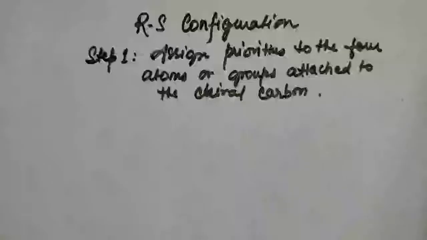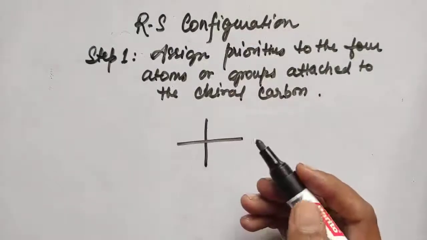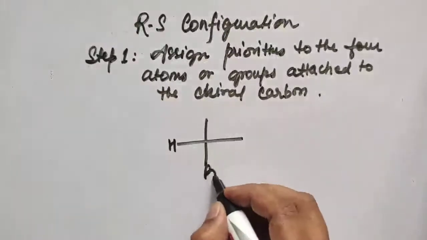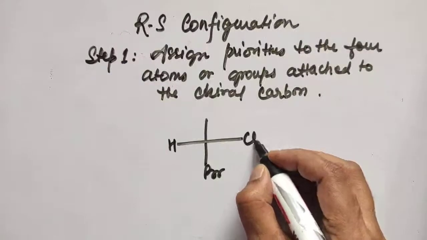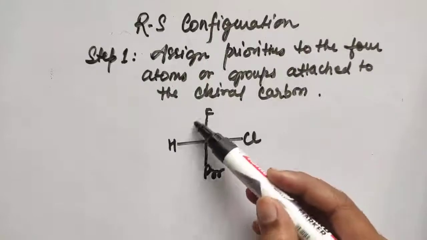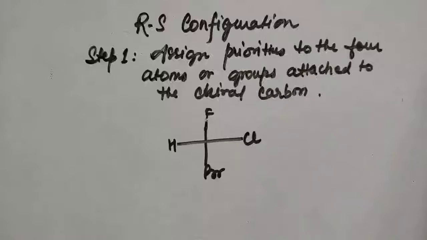So the first step is to assign the priorities to the 4 atoms or groups attached to the chiral carbon, and these priorities are assigned according to the atomic number of the groups attached. For example, suppose this junction of this line represents the carbon and the groups attached to it are hydrogen, bromine, chlorine and fluorine. Carbon is tetrahedral in nature and it is joined to 4 atoms.